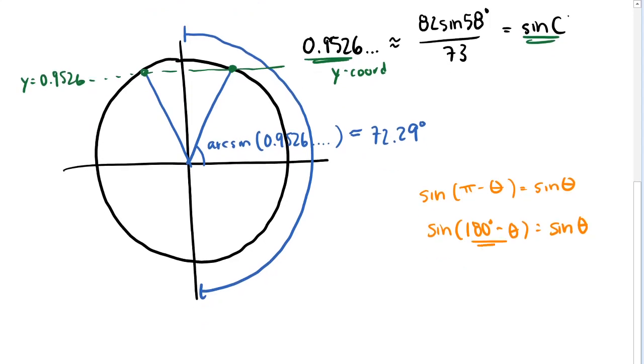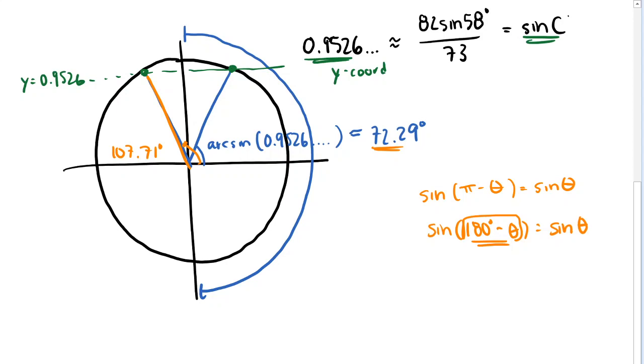And so we have to check this value of an angle to see if it makes sense to plug into this triangle. When we take 180 degrees minus this angle theta, 72.29, what we get is approximately 107.71 degrees.